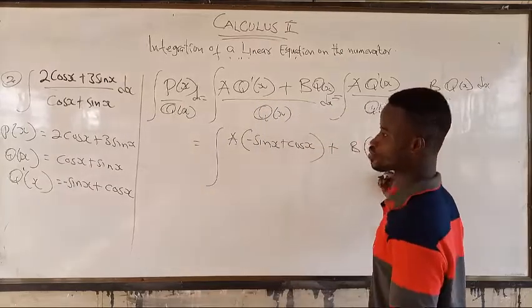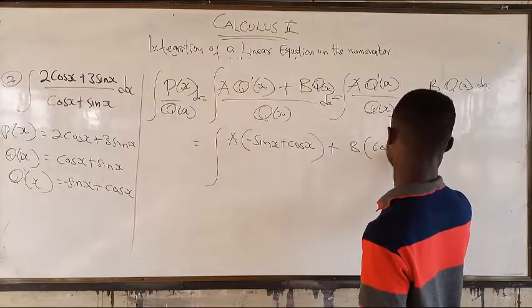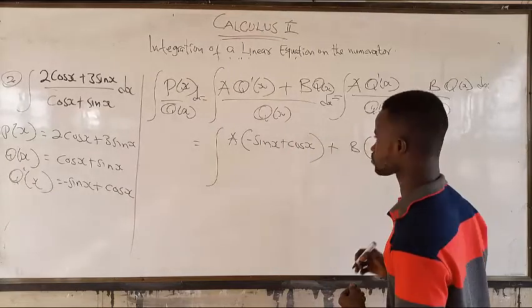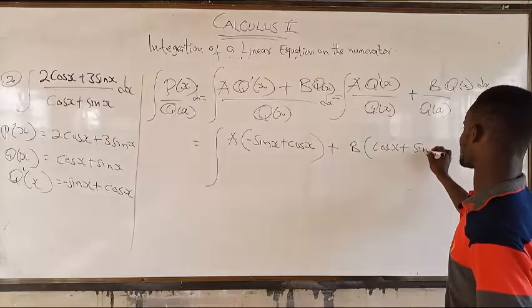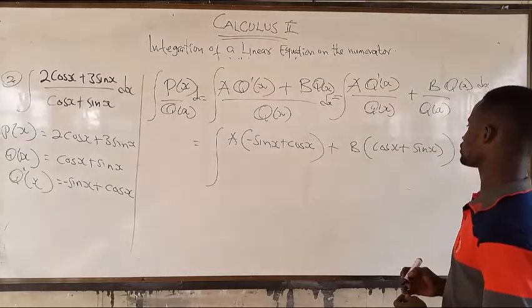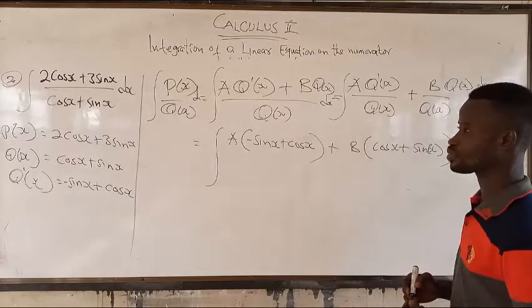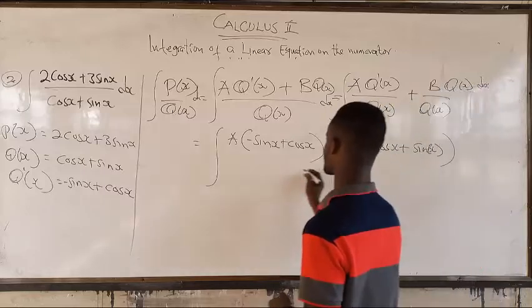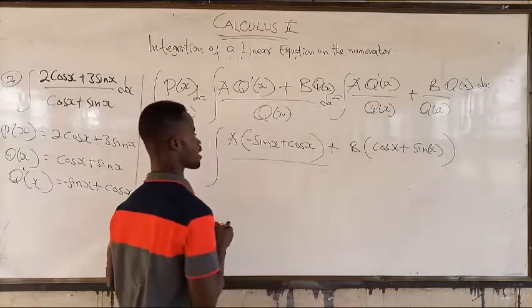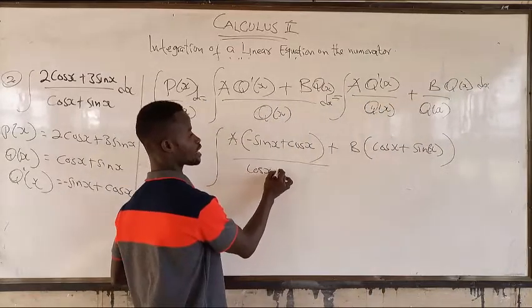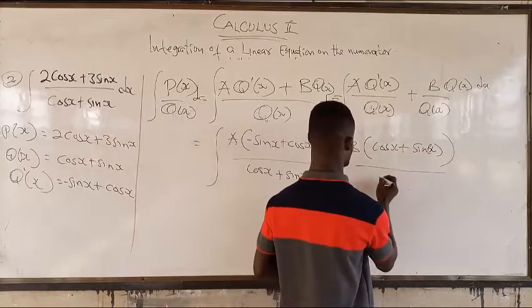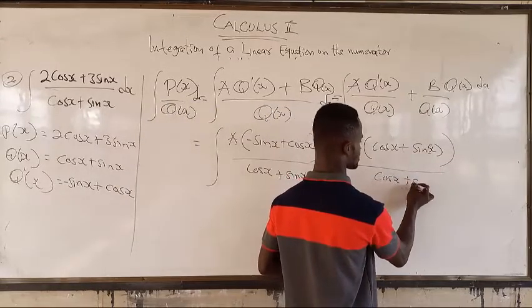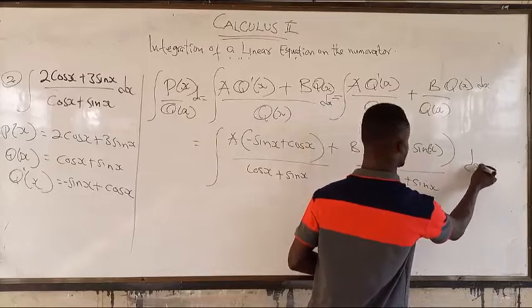And we have Q of S to be cos S plus sin S. You don't worry, let's bring it. And it's all this over Q of S, which is cos S plus sin S. Then this will be cos S plus sin S ds.